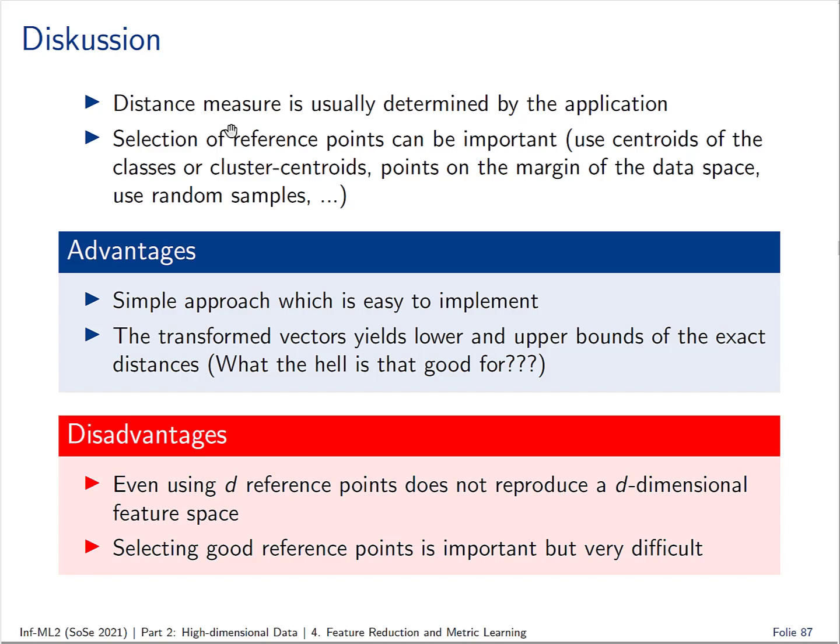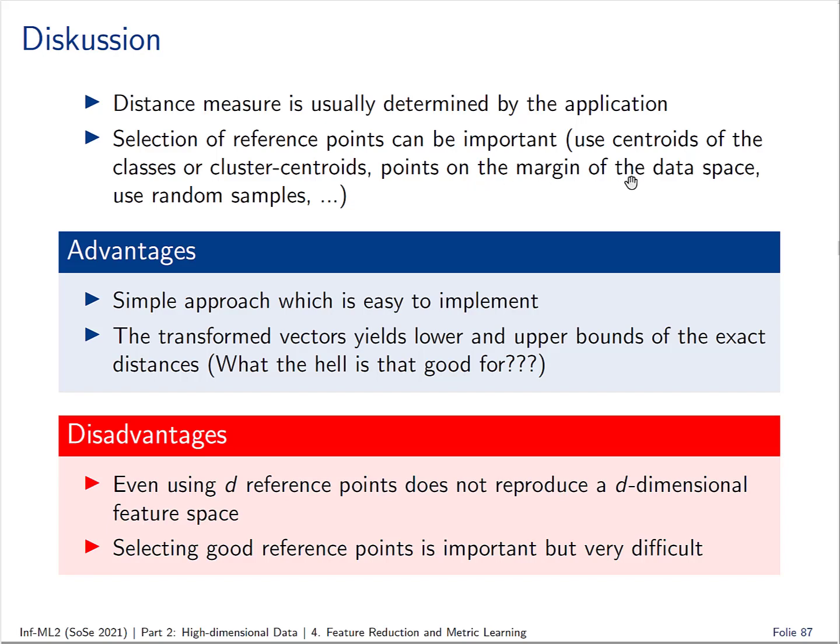So, a discussion. The distance measure is usually determined by the application. Recall feature transformation, similarity measures, and so on. Selection of reference points can be important, as I just said. Very often we try to use, for example, centroids of classes if we are in a supervised setting, or cluster centroids if we have an unsupervised setting, and we use k-means to detect k cluster centroids as reference points.